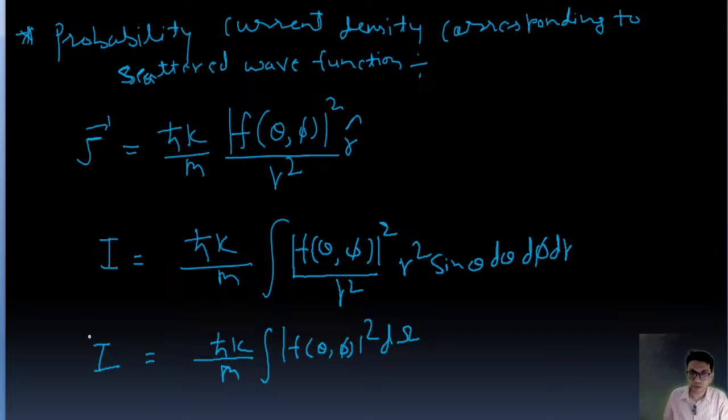So this is the value of outgoing flux. Now the value of the differential cross section, dσ upon dΩ, we know that this is I upon I naught, my apology, outgoing flux upon incident flux, which I have already explained.